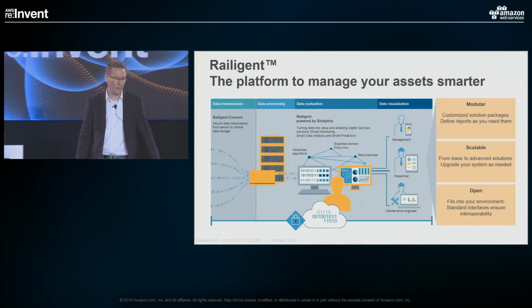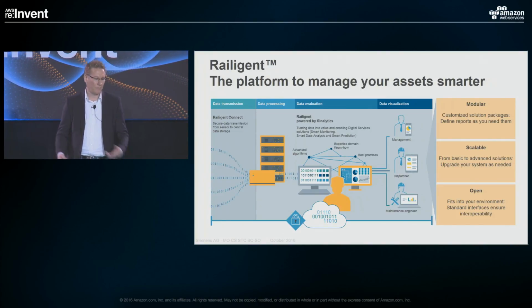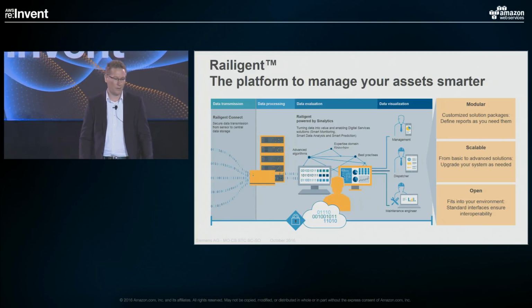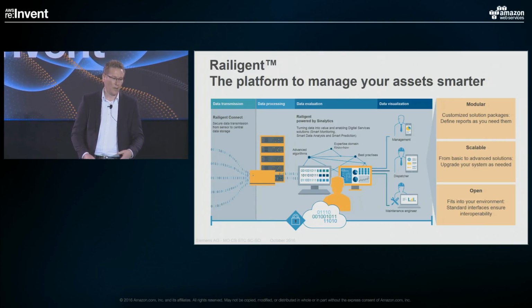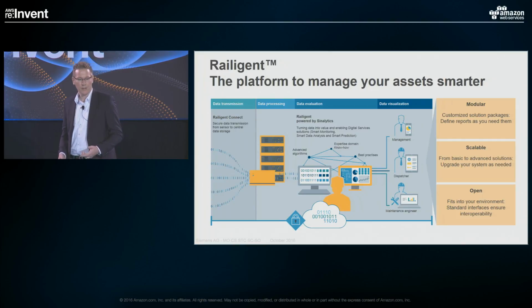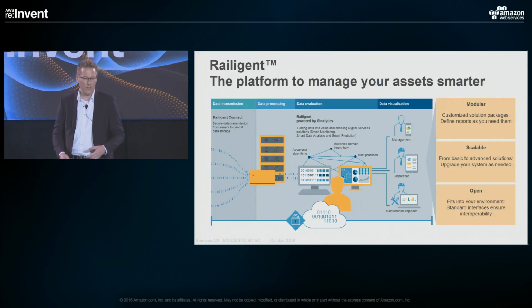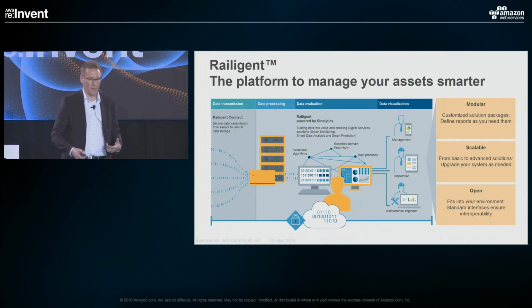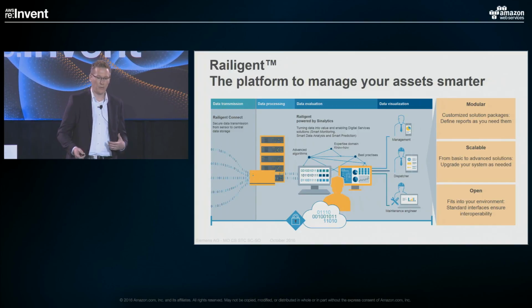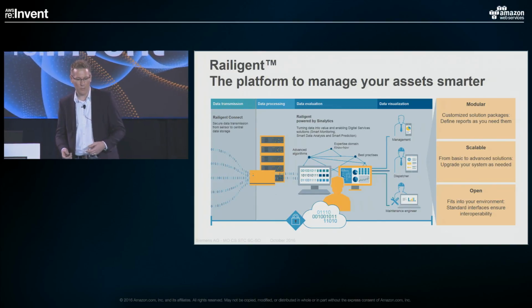We have therefore the Religent platform, where we have common, I think you have also something in place, data transmission, data processing, data evaluation, and data visualization, which we are using for working with the data.